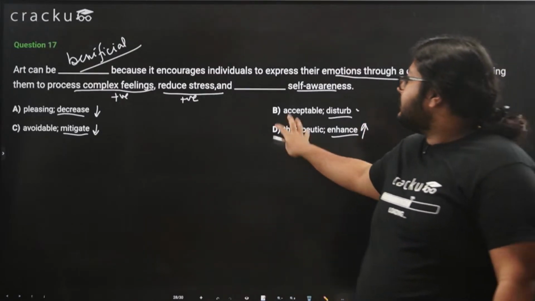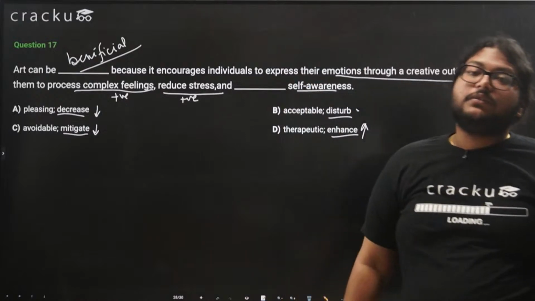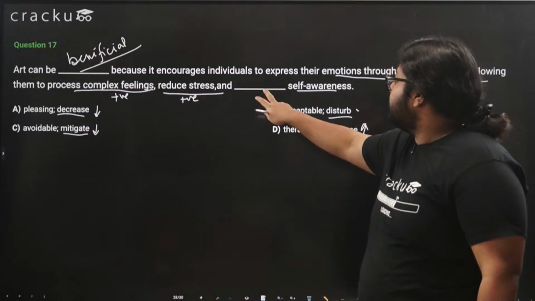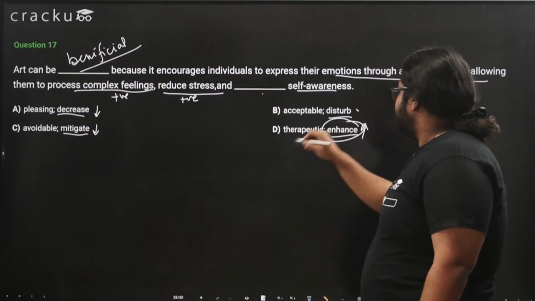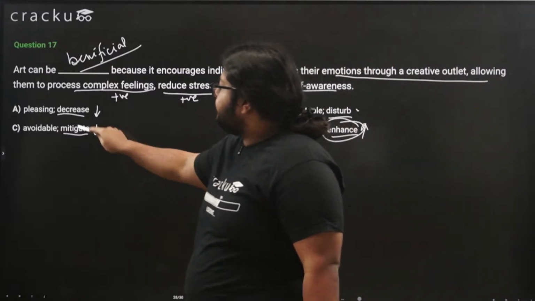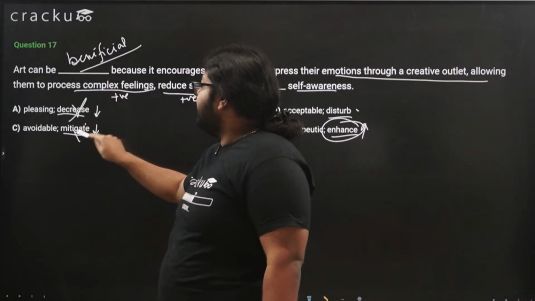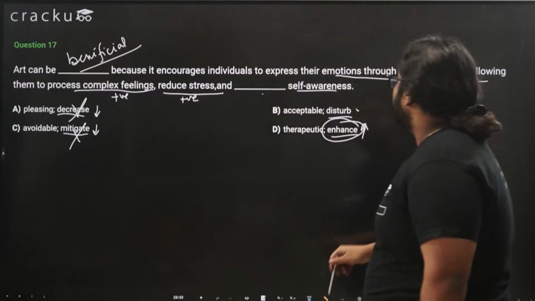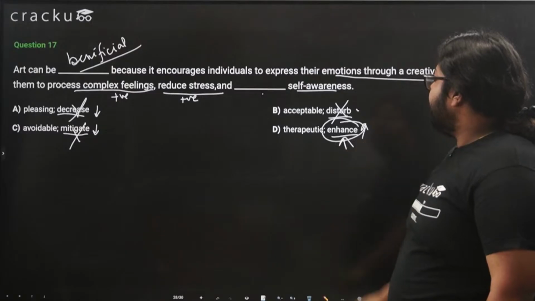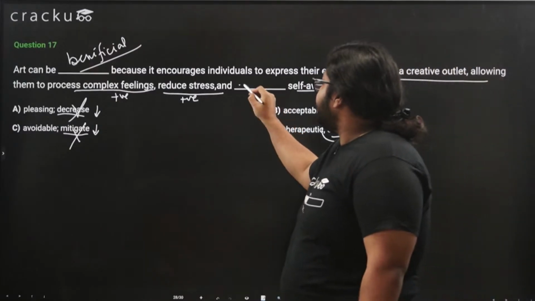So if we want something positive with self-awareness, what do we want? We want to be more self-aware. So the positive word here should be enhance. So decrease we can reject, mitigate we can reject, disturb we can reject. The correct word should be enhance, enhance self-awareness.